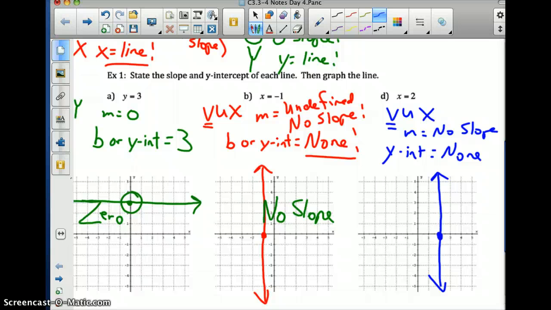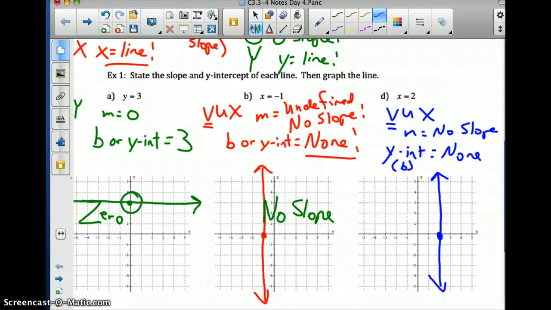Where will that blue line hit the y-axis? Never. It runs parallel to it. And remember, the y-intercept is the point where the line crosses the y-axis, or what we use the variable b for in slope-intercept form, and they'll never hit it. That make sense? It's tricky.